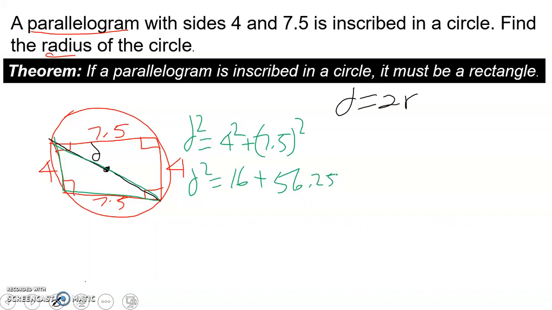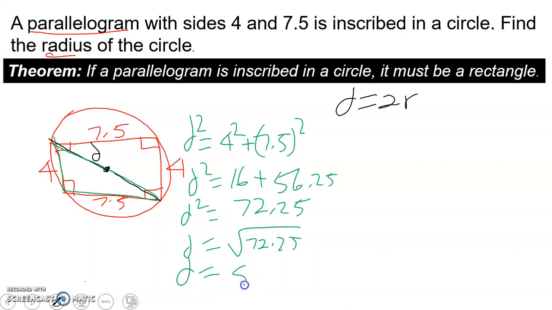So if we add that to 16, we get 72.25. And then we take the square root of that, 72.25, and that will give us 8.5.